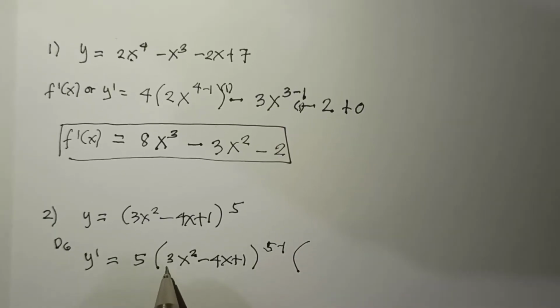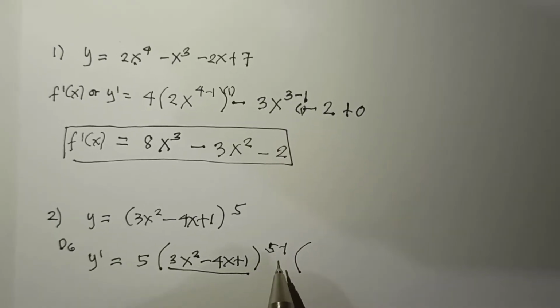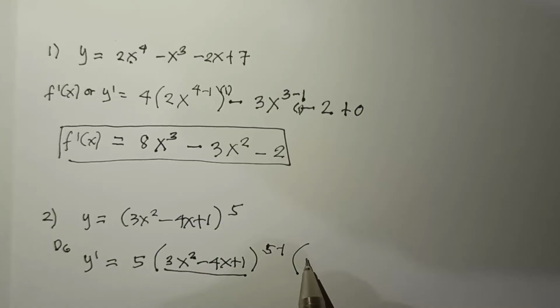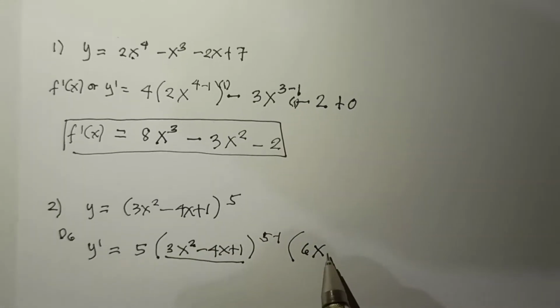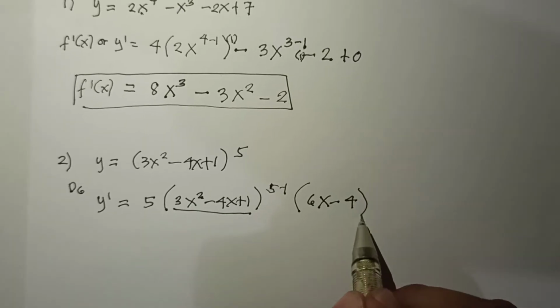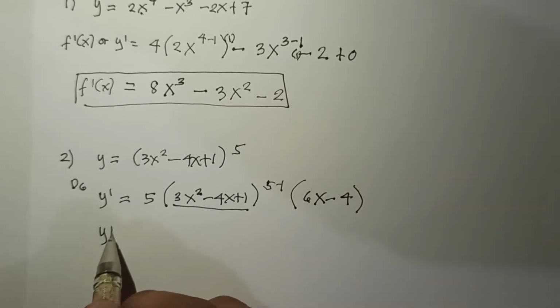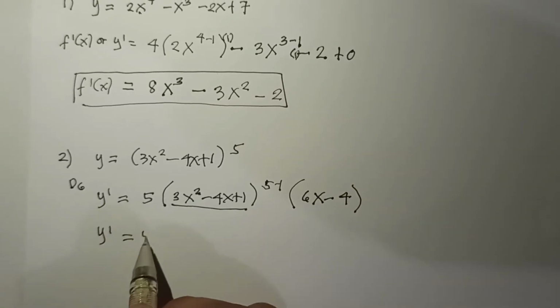So what is the derivative of this one? That is part of du. So this is 6x minus 4.